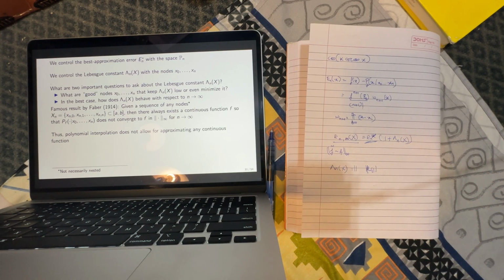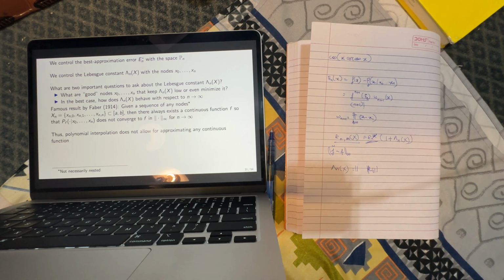So if Xn is a set of n points in [a, b], there always exists a continuous function f so that Pf does not converge to f.